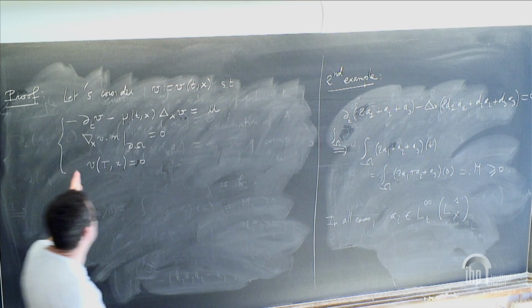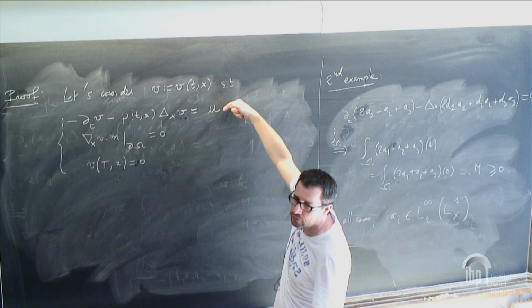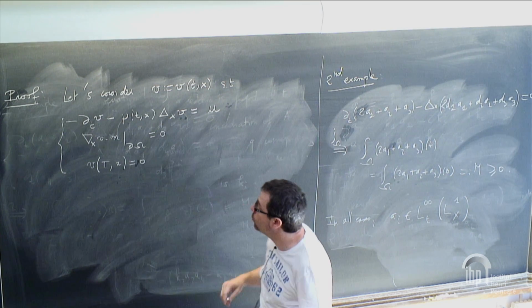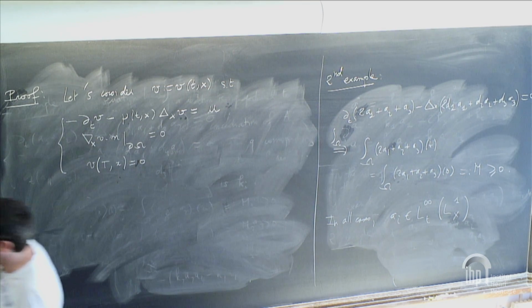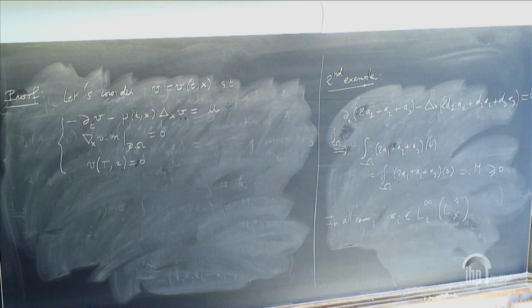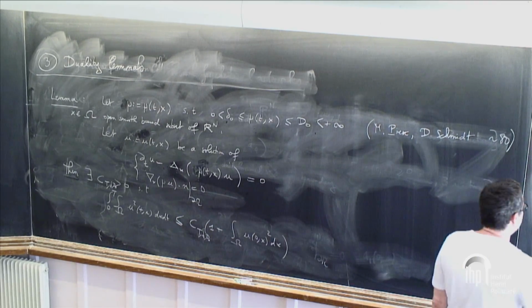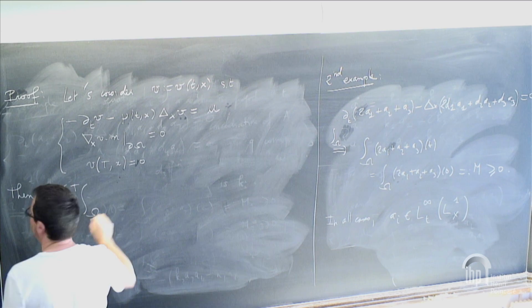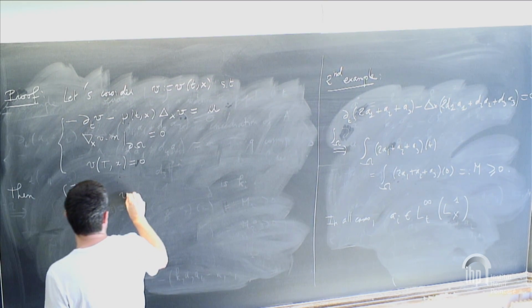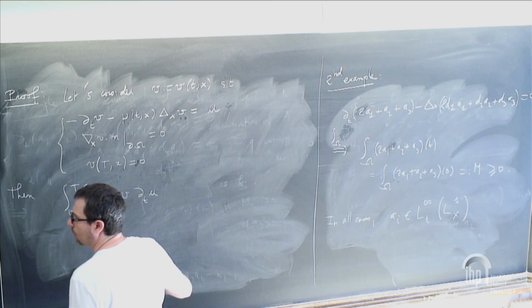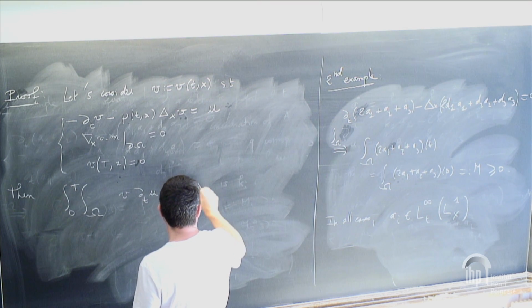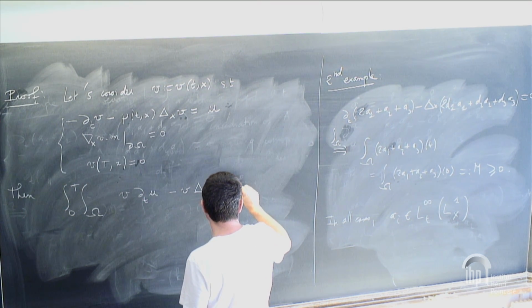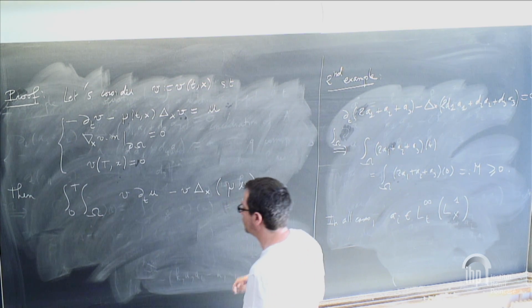So the reason why you introduce this and we take as a source the U, which is there, is that if now you multiply this equation here by V and you integrate by parts, what you will get is the following. So I integrate first V dtU minus V Laplacian of mu U, like this.